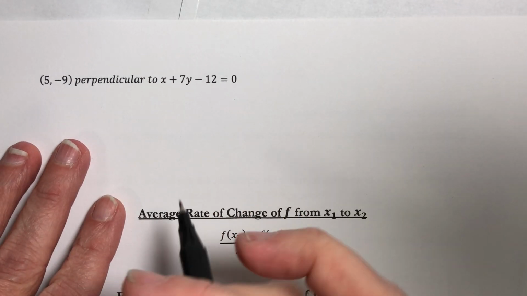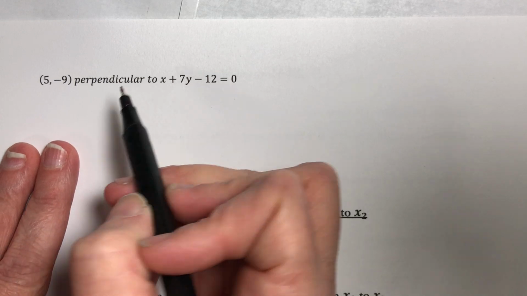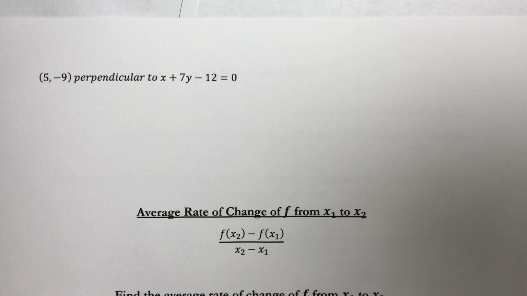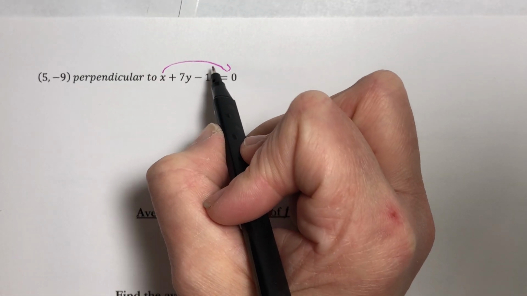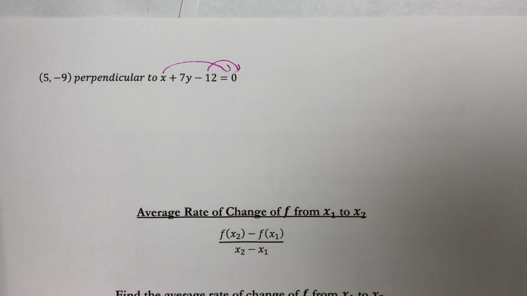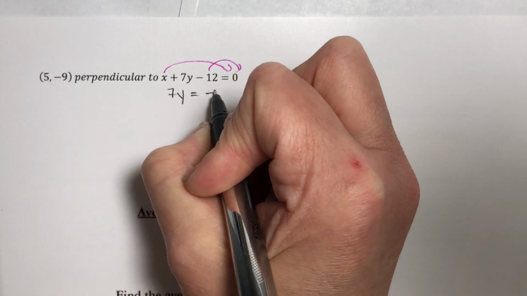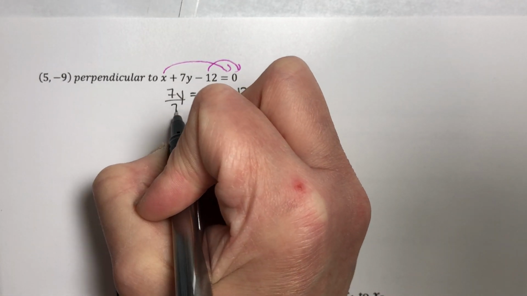So one more of these is very similar, except we want to be perpendicular this time instead of parallel. We still need to solve this thing for y. So let's move the x over to here and move this over to here. 7y is equal to negative x plus 12. So divide everything by a 7.